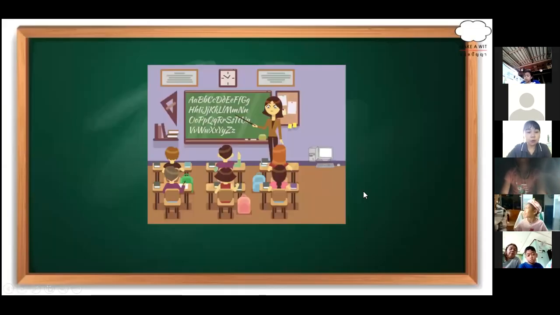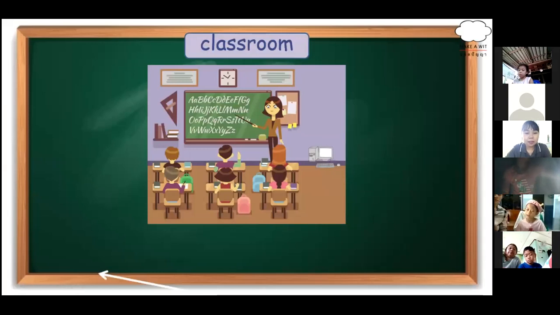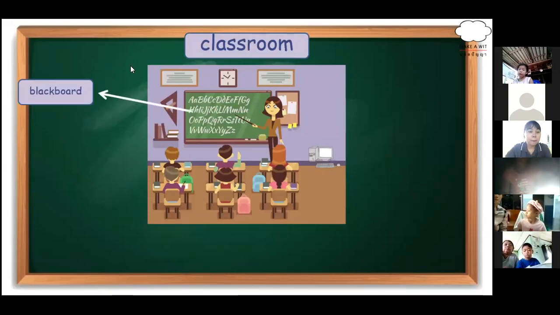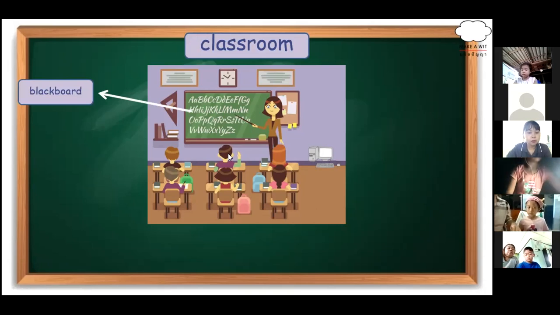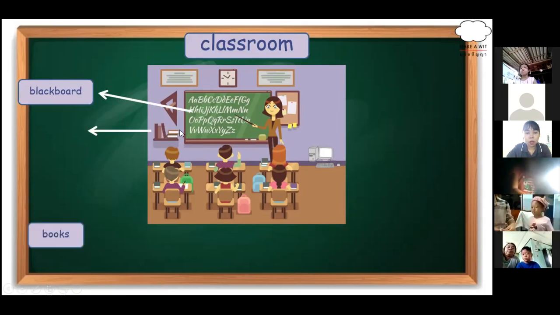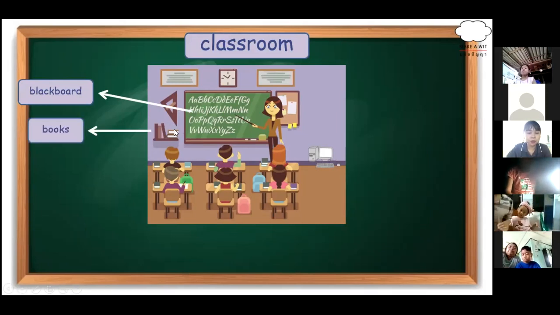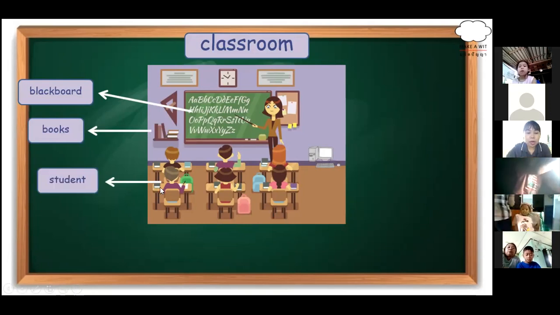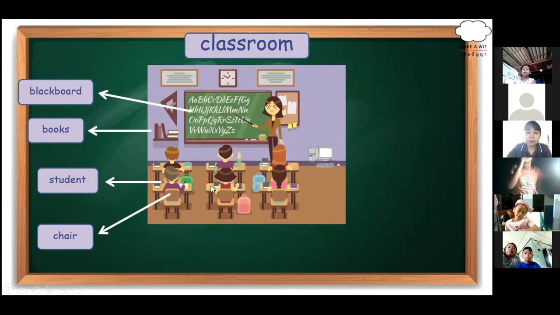Now, let's review the vocabularies. Classroom. What is this one? Blackboard. And what is this one? Dictionary. Books. Students. And this is chair. Very good. What is this one? Backpack.